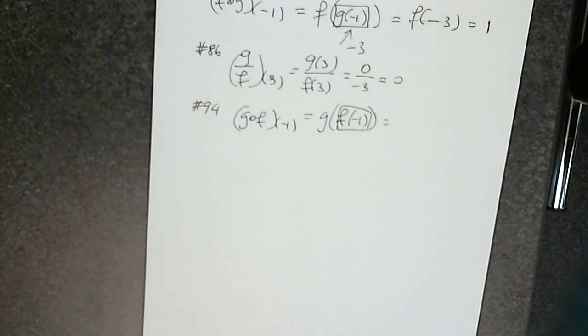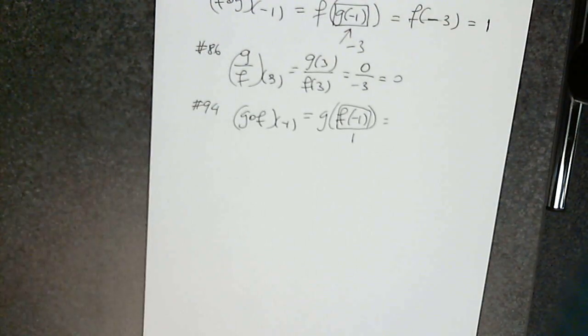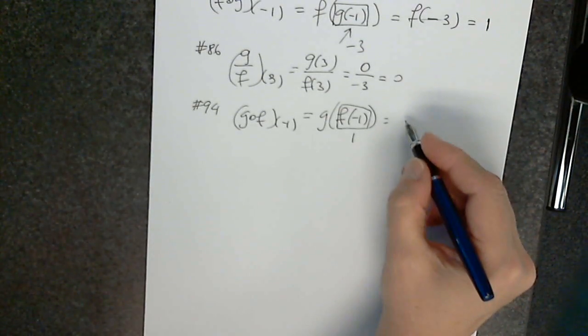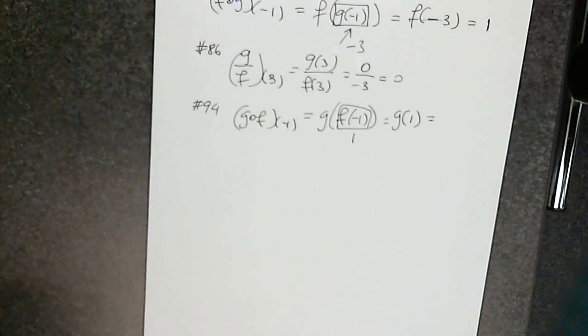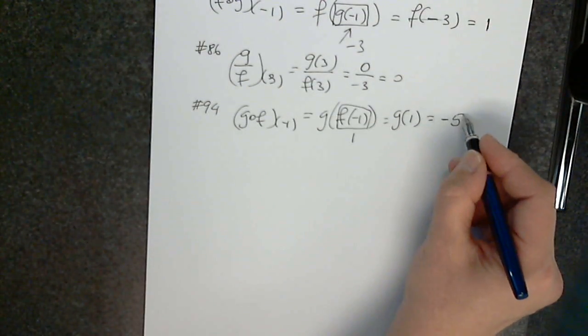First, I have to find f of negative 1. F is in blue, so f of negative 1 is? Do you all agree? So therefore, what am I asked to find? I'm asked to find g of that. Very good. And now I go to the purple graph, and g of 1 is? Negative 5.